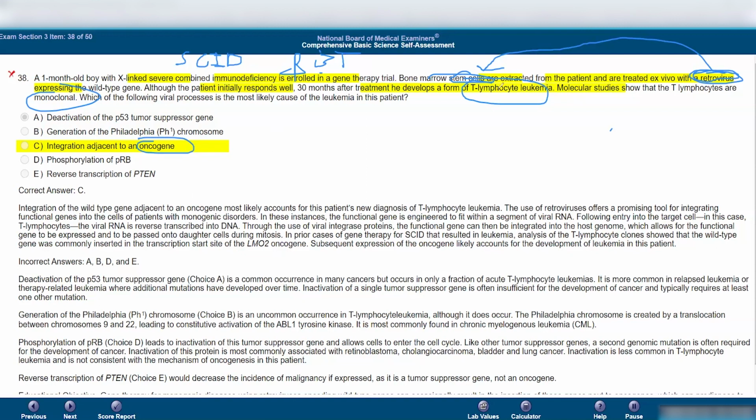An oncogene is like a cancer-causing gene. But one of the key things is this integration, because that's really what you're doing. You're taking the retrovirus to dump a new, correct gene into these cells. So if you know retroviruses integrate genes into other genes, then that's kind of what they're trying to ask you.